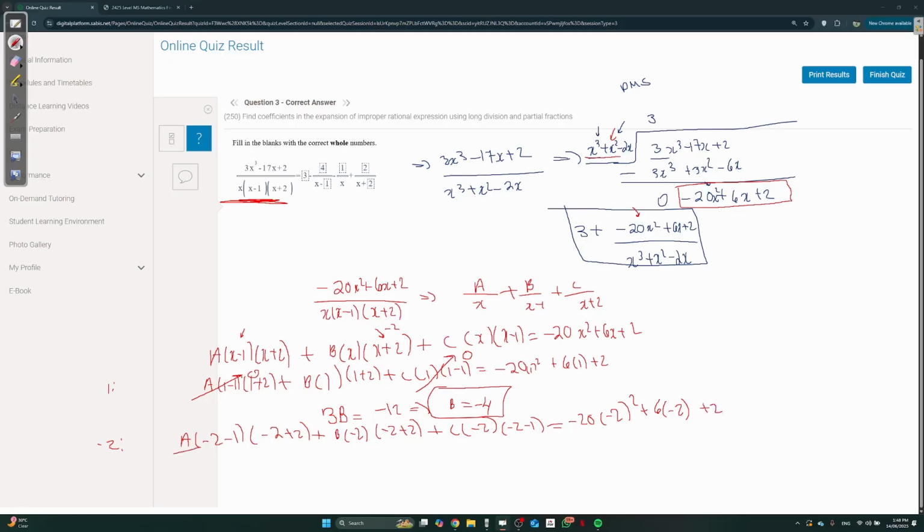So this becomes 0 because it's negative 2 plus 2. This also becomes 0. So you're left with here minus 2 times minus 2 minus 1, minus 3, minus 3 times minus 2, 6. So 6c equals 4 times minus 20, which is minus 80. Minus 80 minus 12 is minus 92, plus 2 is minus 90. So c is negative 15.